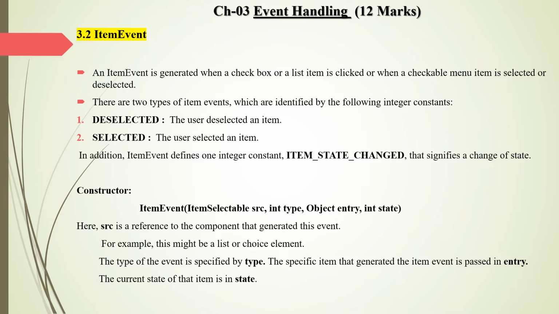Source is the reference to the component that generates the event, meaning in the first parameter we pass the object of the component that generates the event, for example a list or choice element. The second parameter is the type of event, specified by the int type, and the specified item that generates the item event is passed in the entry. And the last parameter is the current state of the item. So this is the constructor of the ItemEvent class.